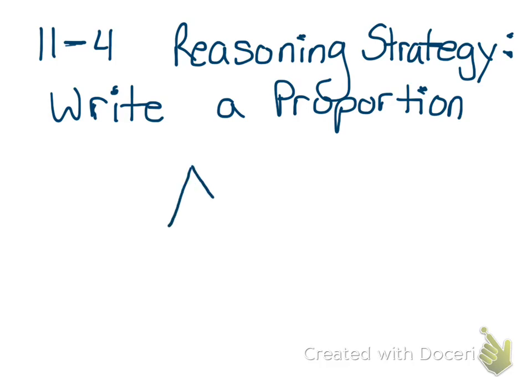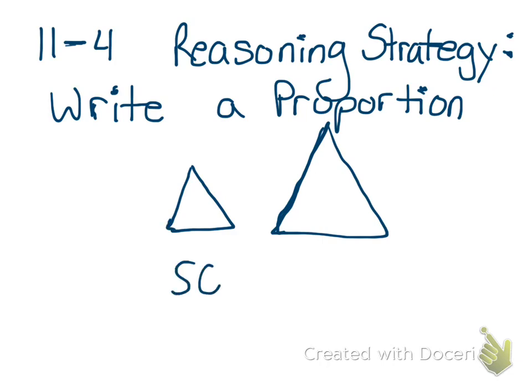Remember, similar triangles and similar shapes in general, they're not congruent. The side lengths are not the same, but remember SCARE, they have congruent angles and side ratios that are equal.